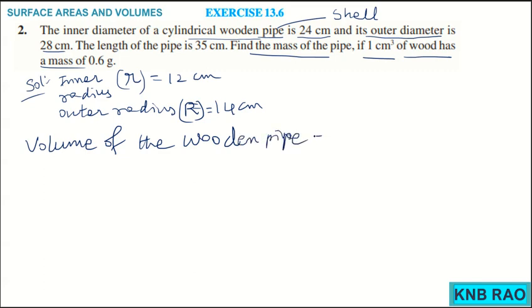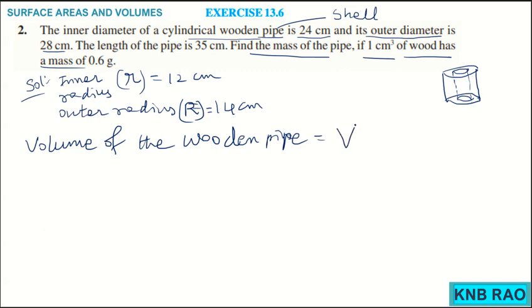So volume of the wooden pipe is just nothing but, since this inside portion is empty, only that embankment, that thick portion, volume only we have to find.